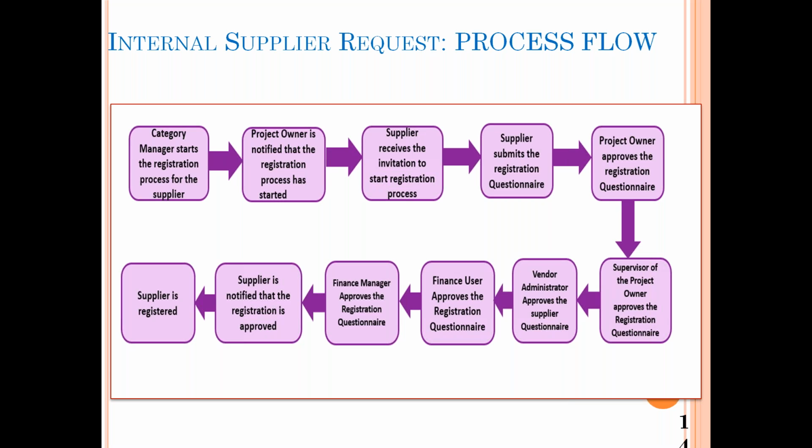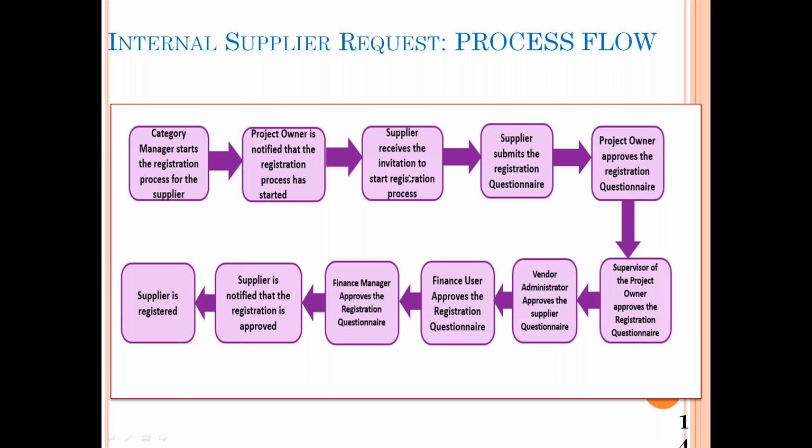He will be notified that the registration process has started. From the user side, there will be a user who initiates this process, and a person from the management side, the project owner. He will be notified that we are sending this registration process to this particular supplier.